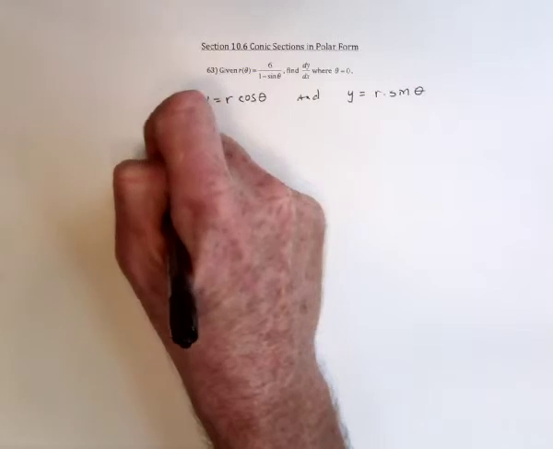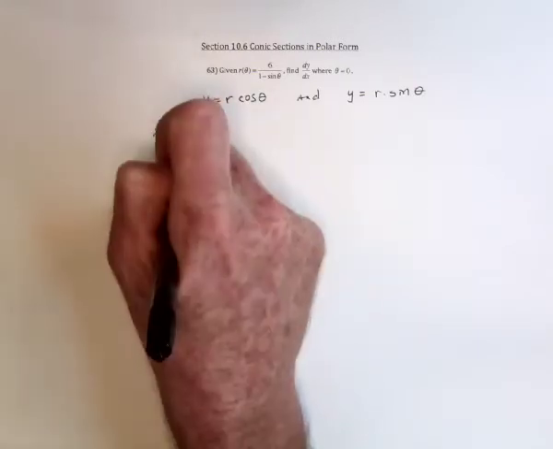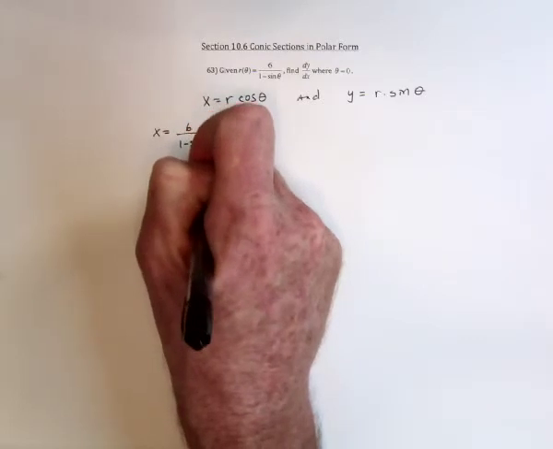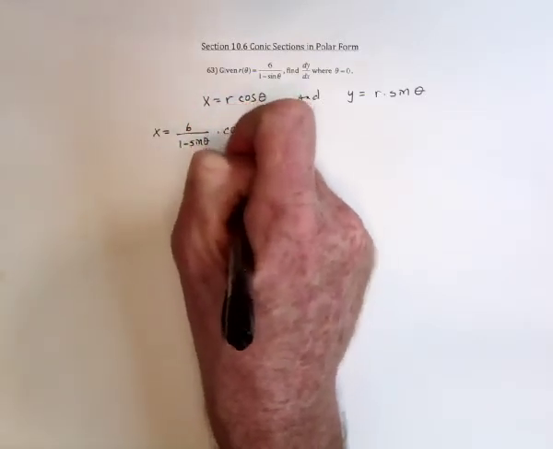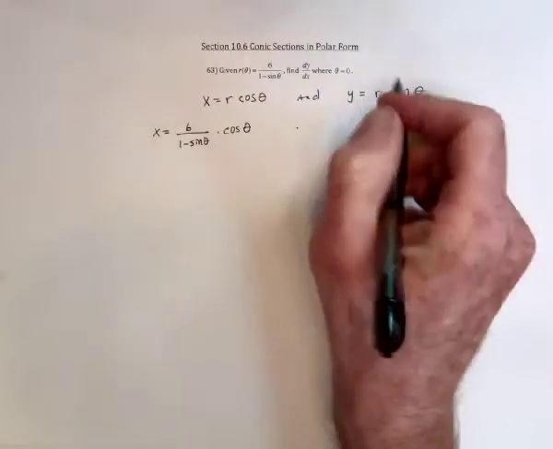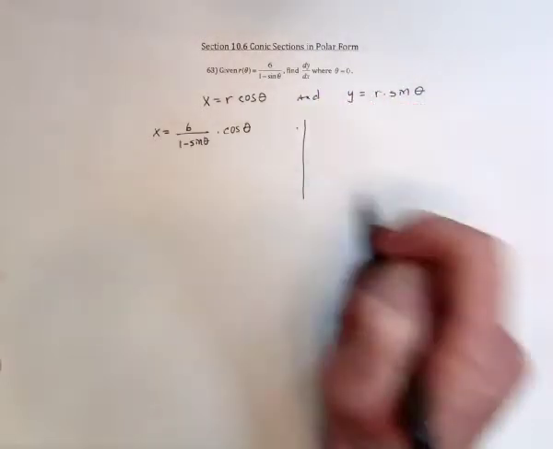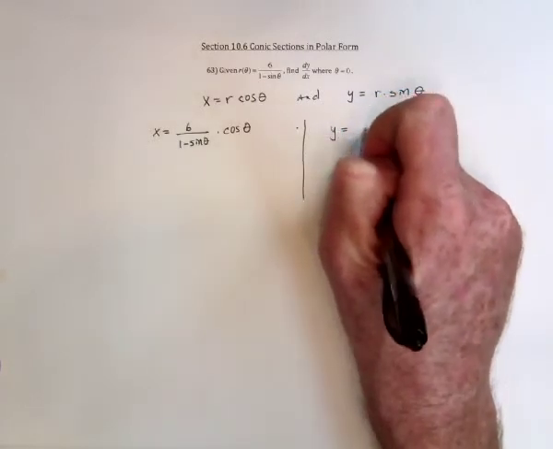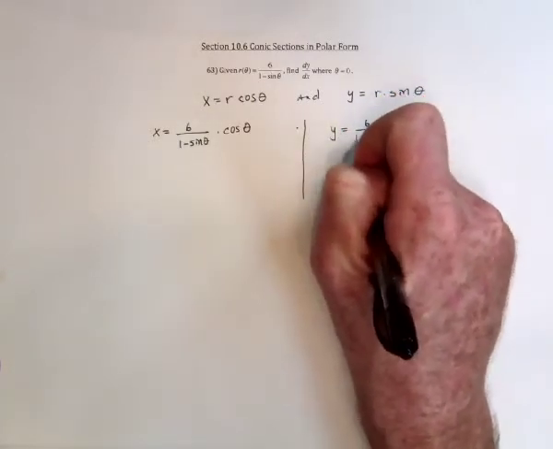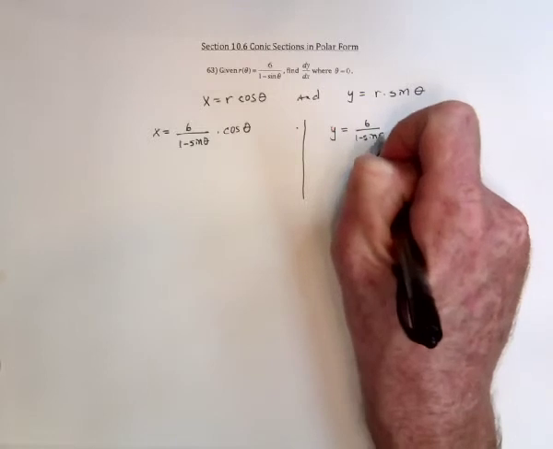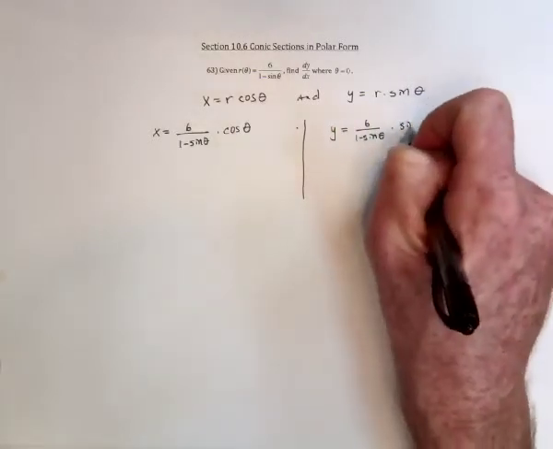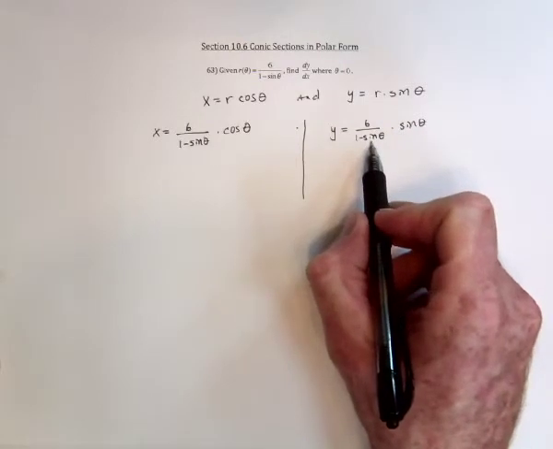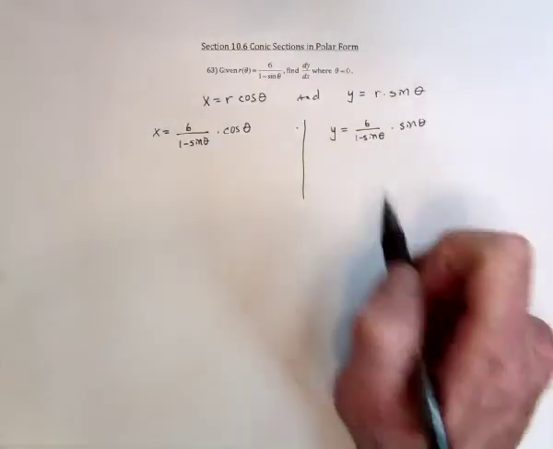So x is going to equal 6 over 1 minus sine of theta, times cosine of theta. And then just separate these. The y is going to equal 6 over 1 minus sine of theta, times sine of theta. And no, these cannot cancel out because this one says 1 minus sine, not just sine.